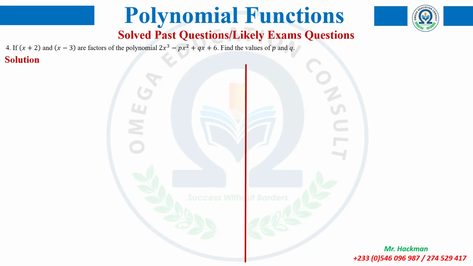If x plus 2 and x minus 3 are factors of the polynomial 2x cubed minus px squared plus qx plus 6, find the values of p and q. Unlike the first examples, even in the third example you had only one unknown letter to find, but here you have 2 letters.